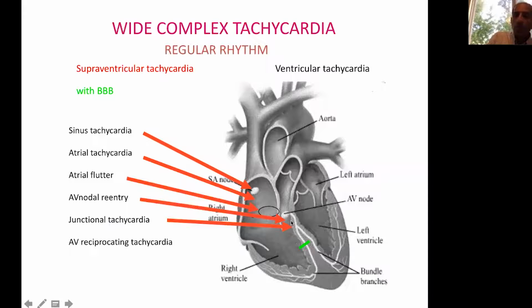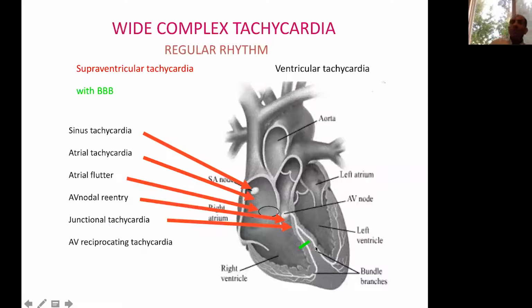Because when it tries to conduct through the conduction system, it blocks one of the bundles. Either it blocks the right bundle or the left bundle. If it blocks, then the QRS complex will be wide. But that is not necessarily coming from the ventricle. It is actually coming from the atrium in all of these things that I showed you earlier, and just blocking in one of the bundles.